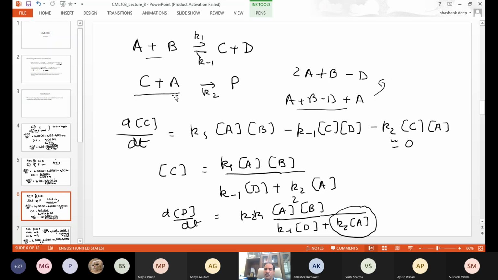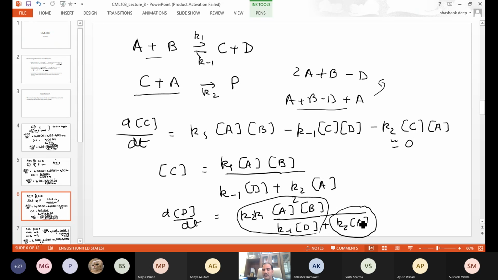This I proved by what I did with K2 A. If K2 is small, what will happen to this? The K2 A term will be neglected. So what is left? A square B by D. Am I right?